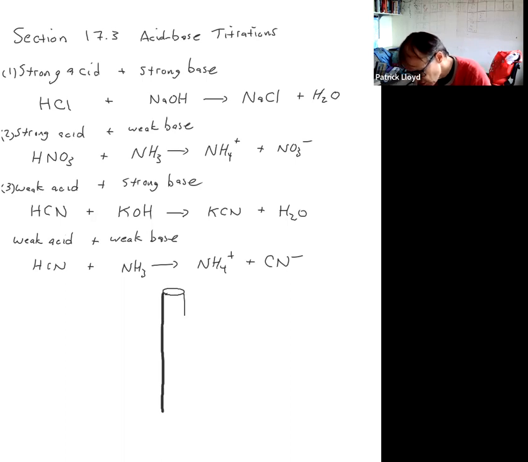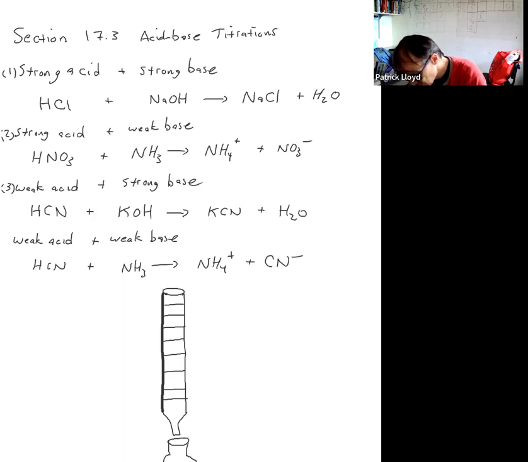A burette is a long glass tube, which is graduated. It has lines etched into it, which are calibrated, measured in a factory for volume content, right?